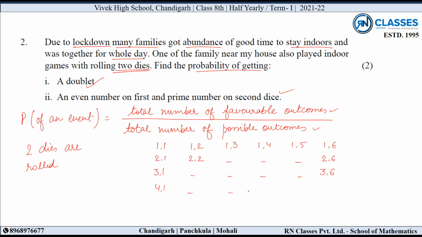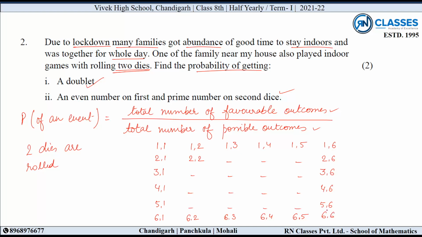Next, it goes on similarly, and it would be first die 4, next die 6. First die can be 5, then 1. Then it goes on in the same way, 5, 6 in the last one, and last one would be 6 1, 6 2, 6 3. You know how I'm writing this: 6 4, 6 5, and 6 6.